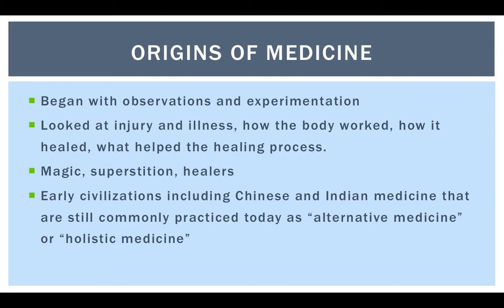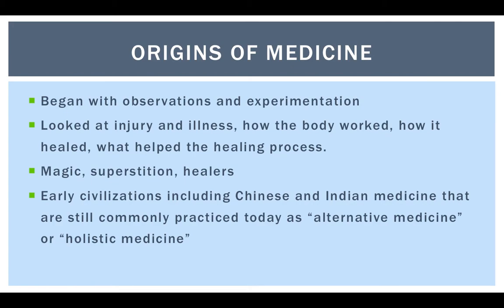Early civilizations, thousands of years ago, included Chinese and Indian medicine. These are both the foundation for modern medicine and they continue on their own. When we're talking about our modern medicine, we call it Western medicine.